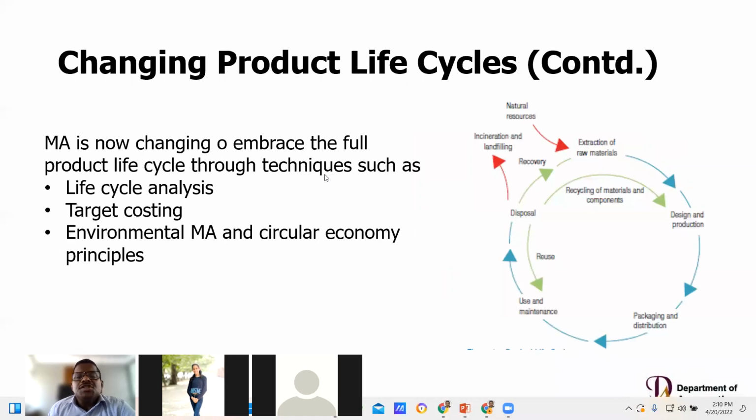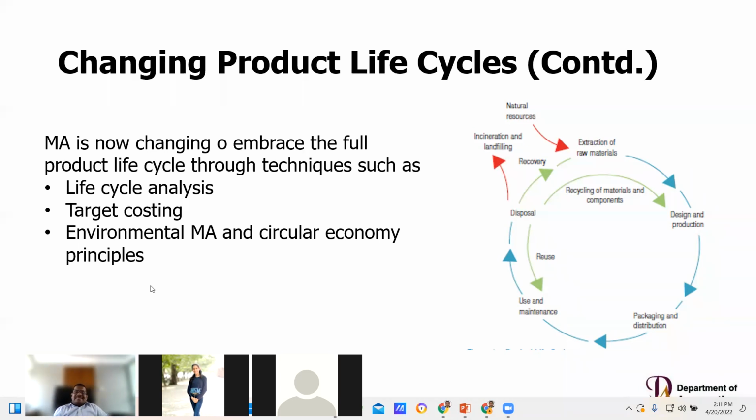Coming back to the change in product life cycle, it's a new concept. You see that little bit complicated chart. Management accounting is now changing to embrace the full product life through techniques such as life cycle analysis, target costing, environmental management accounting, circular economy principles.